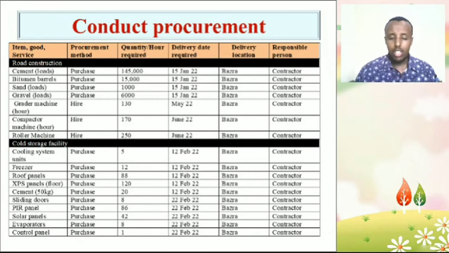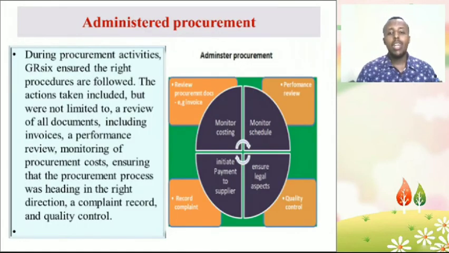The next activity will be administrative procurement. During the procurement activities, Group 6 ensures the right procedures are followed. The actions taken include, but are not limited to, a review of all documents, including invoices and performance reviews, monitoring of procurement costs, ensuring that the procurement process was headed in the right direction, compliant records, and quality control.